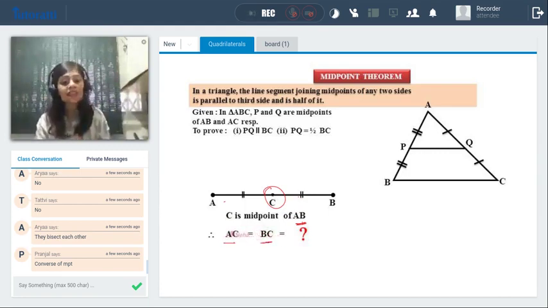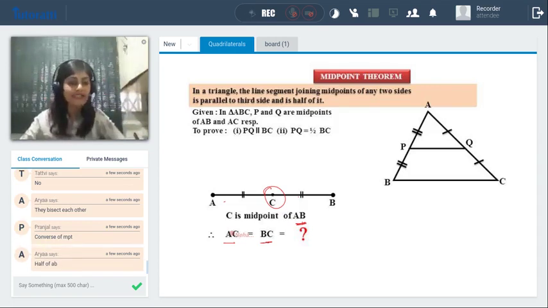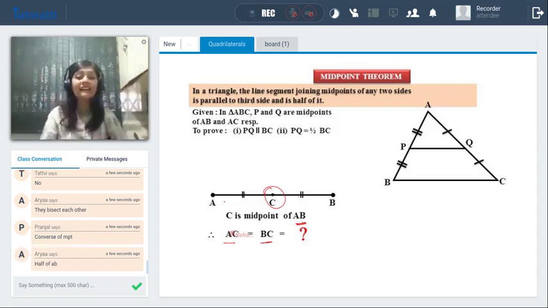What is the relation of AC and BC with AB? What's the relation between AC and AB in terms of length? Are AC and AB equal, or is AC half of AB, or double of AB? Half of AB. Yes, Arya, that's correct.